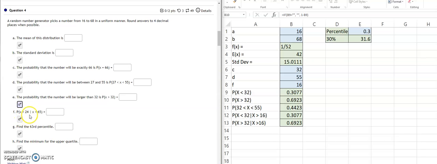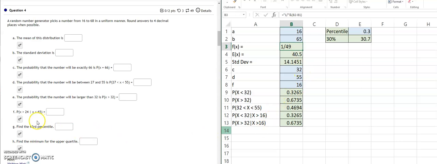Now when we have a line like this, it's known as a given function. So we want to know the probability that X is greater than 24 given that X is less than 65. So we've now changed how high the value can be. It has to be less than 65. Right now we have the highest value being 68. We need to change this value right here to be 65.